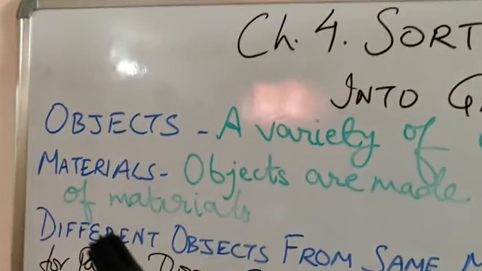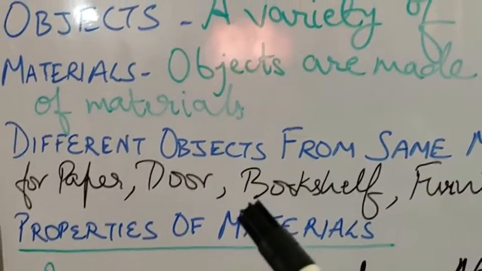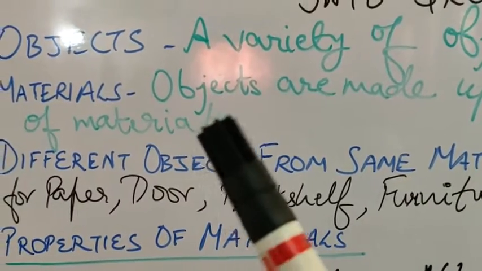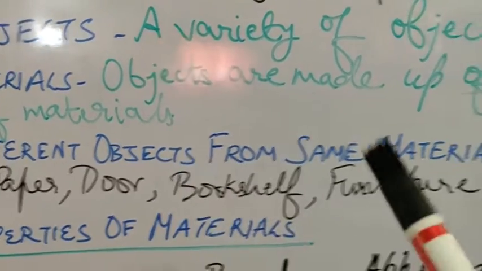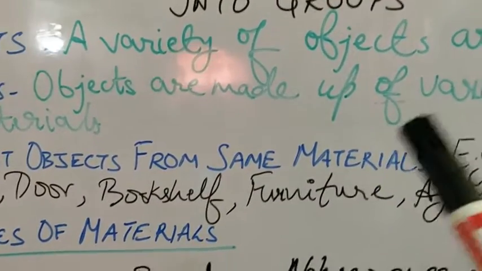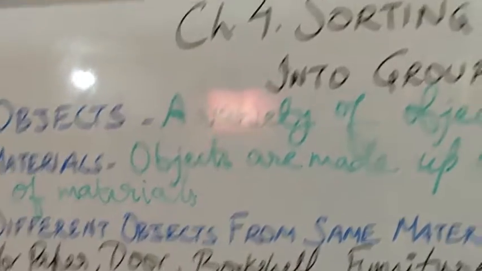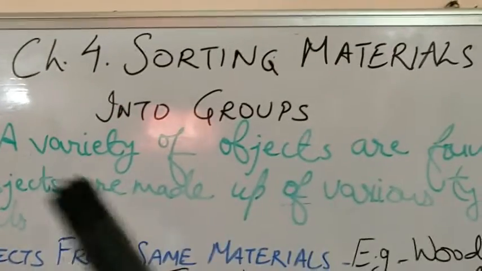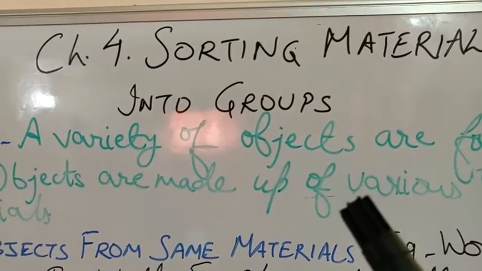Then I hope you have understood what is an object and material. You have also understood that one object can be made from different materials, or the same material can be used to make different objects. So I hope students today's topic of sorting materials into groups is clear to you.